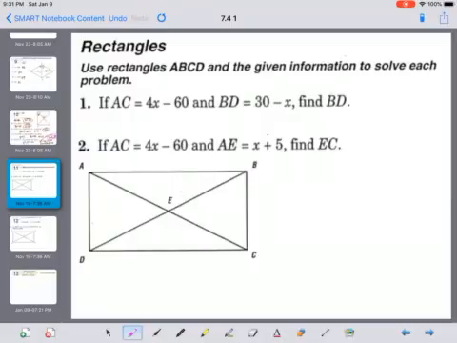Now looking at the properties of a rectangle. So again, go ahead and pause and solve for the properties of a rectangle. AC and BD are both diagonals, so they need to be set equal to each other.